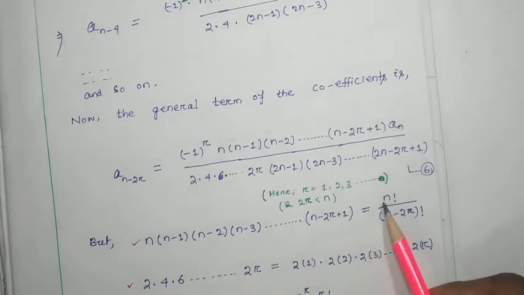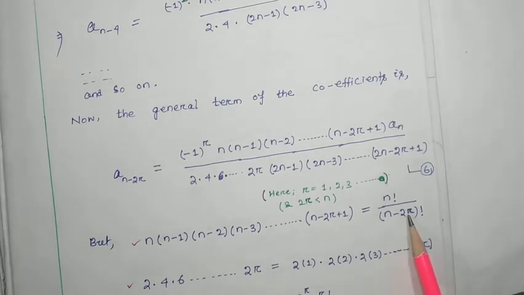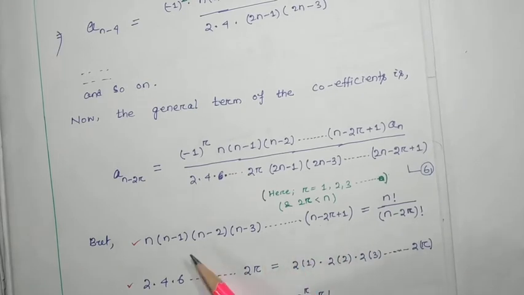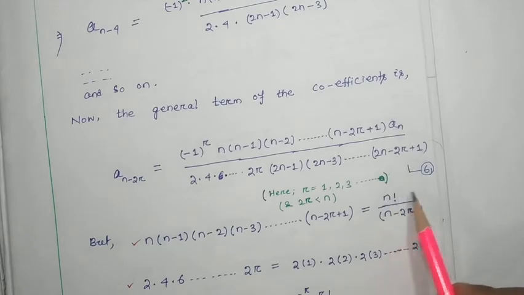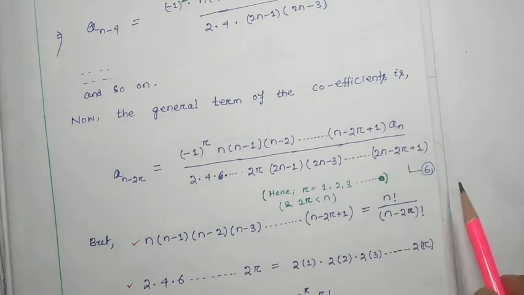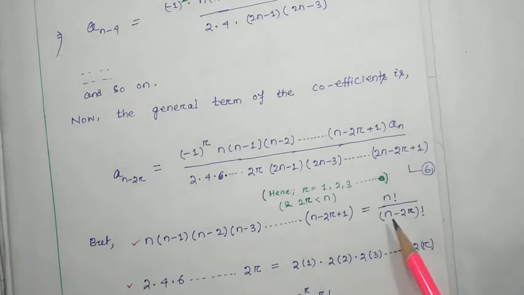So here I can write n factorial, and if I divide by n minus 2r factorial, then this starts from n minus 2r, n minus 2r minus 1, n minus 2r minus 2. So here this n factorial will be moved up to n minus 2r plus 1, then n minus 2r, then n minus 2r minus 1 like that. So if I divide by n minus 2r factorial, then it will be cancelled out and we can get this much, right?